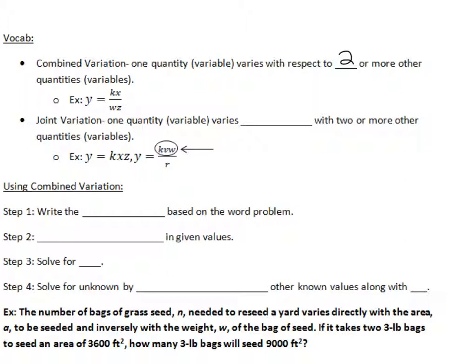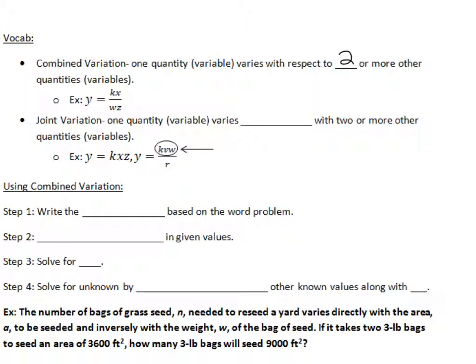So with combined, we're just putting multiple variables together. They could be put together by multiplication, like k times x or w times z, or we could also have division in there. So combined simply means you're not just multiplying two things together or dividing, you have a combination of them.